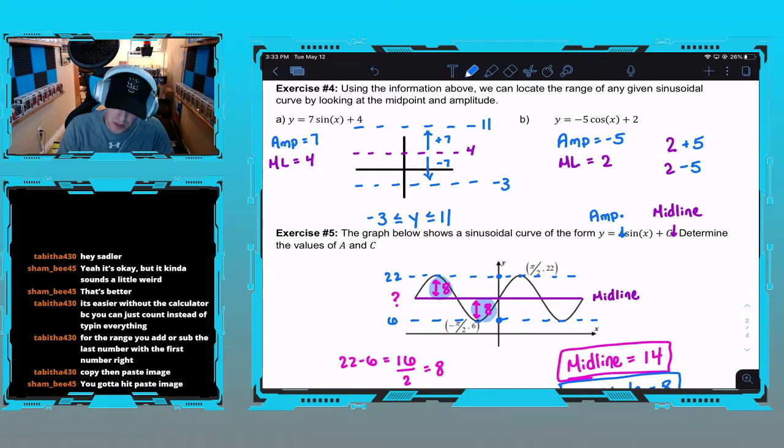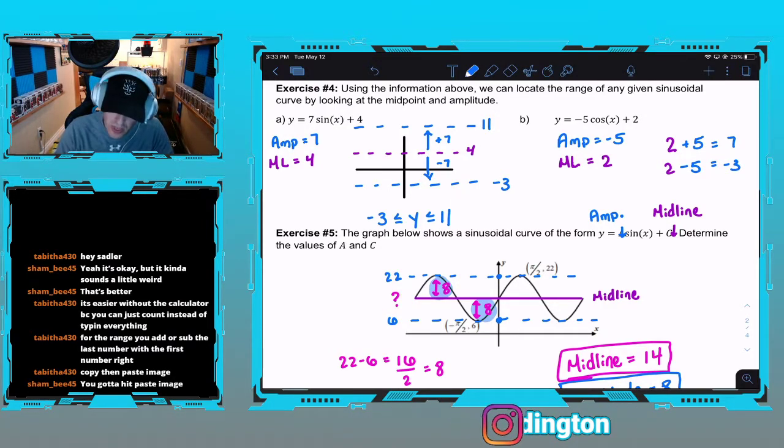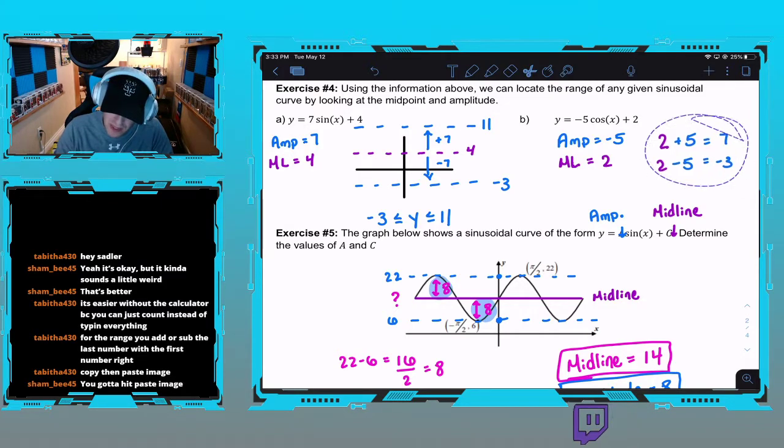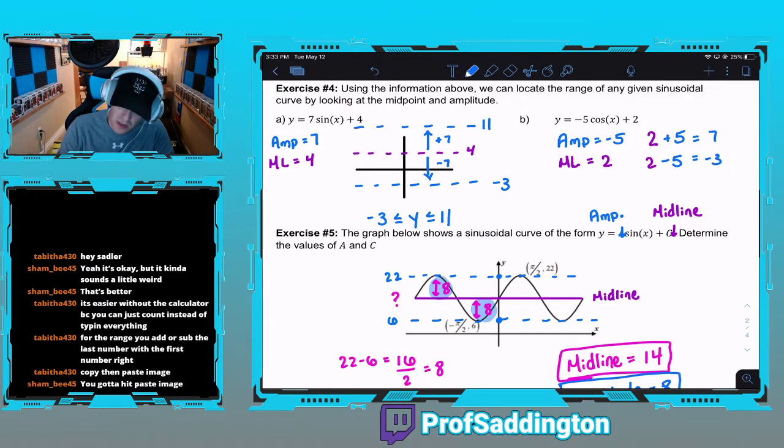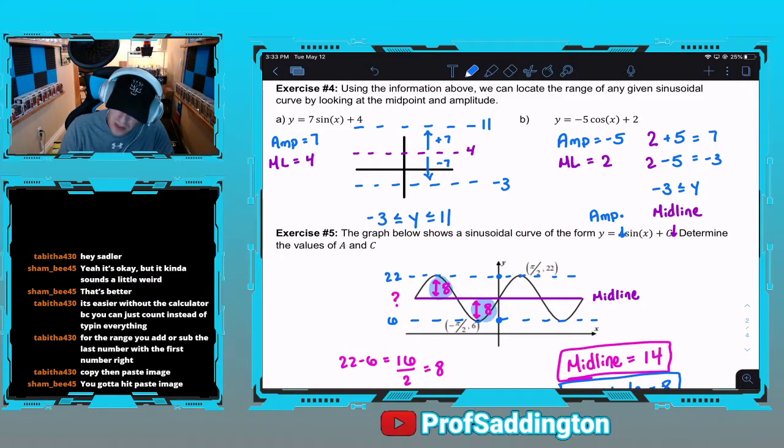And if I find those two answers, I'm going to have 7, and I'm going to have negative 3. What we just did without graphing it is we found the range. So the smallest number would have to be negative 3. Since we're talking about range, we have our y's, and the largest number is going to be 7.